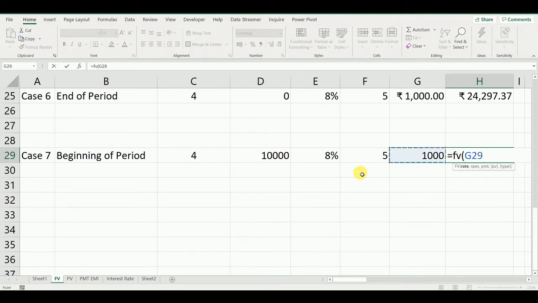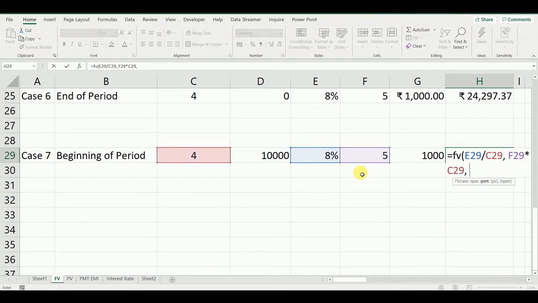FV, rate is our 8% divided by 4. Number of periods is 5 into 4. Now PMT is our 1000 rupees.